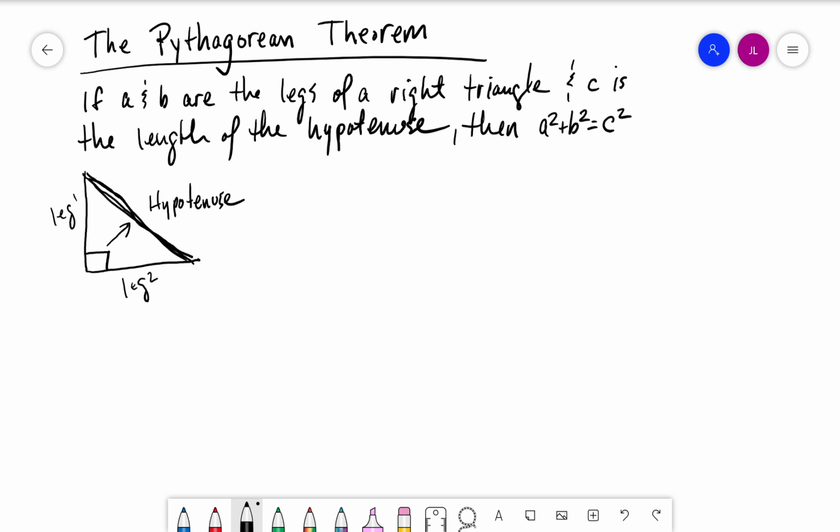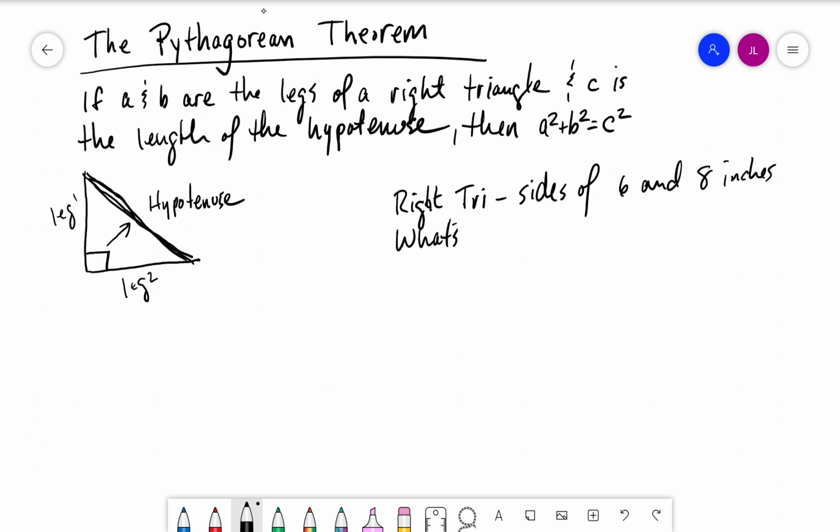So, how does this work? Well, let's say we have a right triangle with legs of 6 and 8 inches. What if we want to find the length of the hypotenuse?